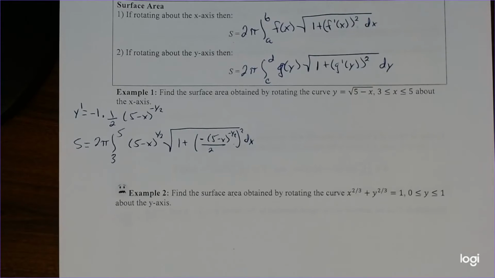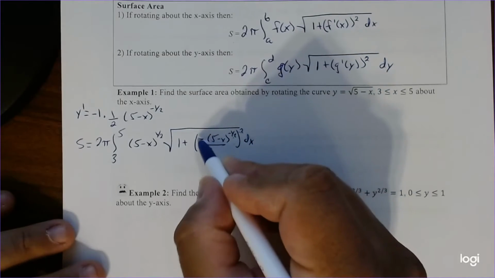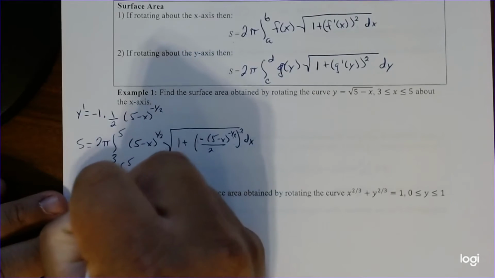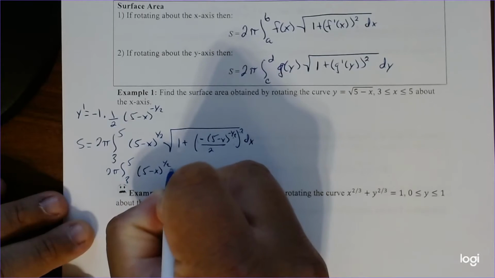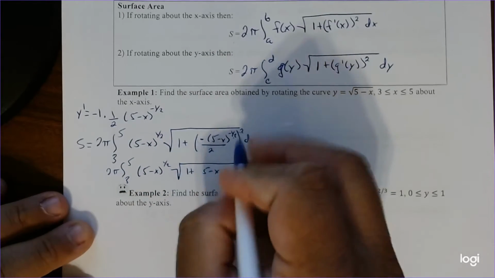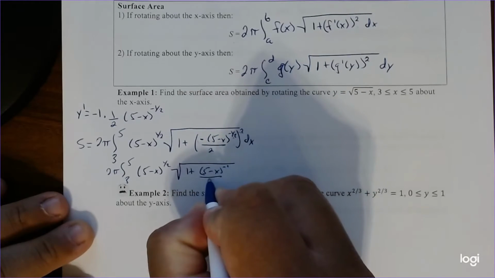Notice when you put this in, those cancel away. So we essentially have the integral from 3 to 5 of 5 minus x to the 1/2 power, and on the inside, we have 1 plus 5 minus x to the -1 power over 4.